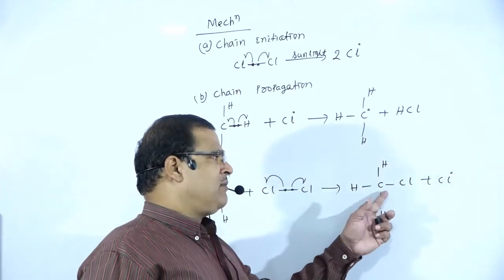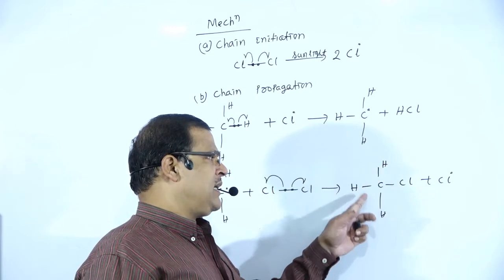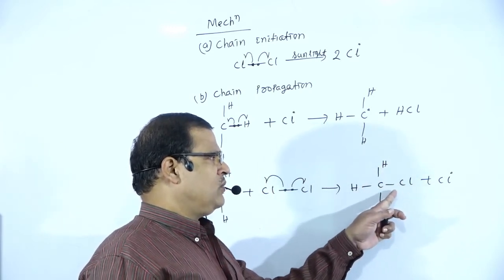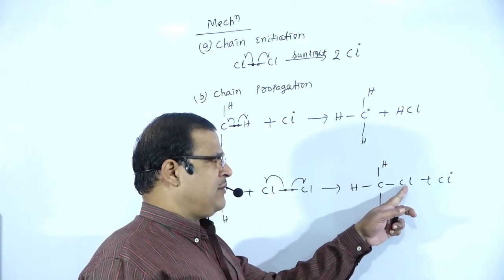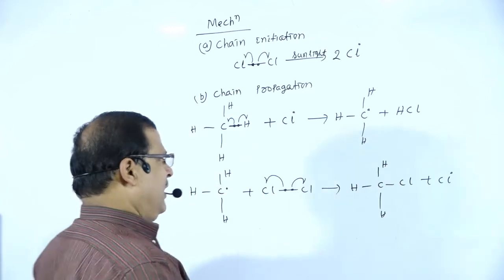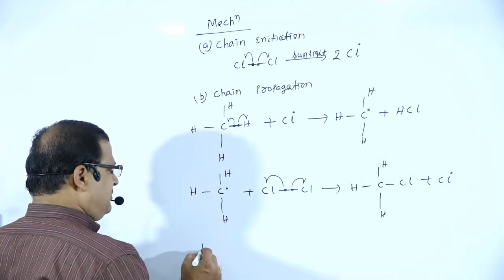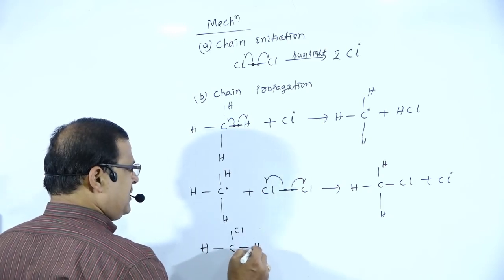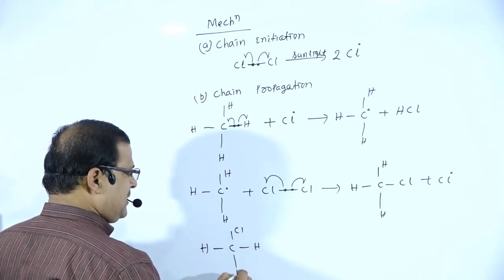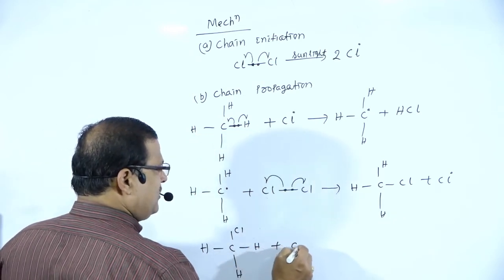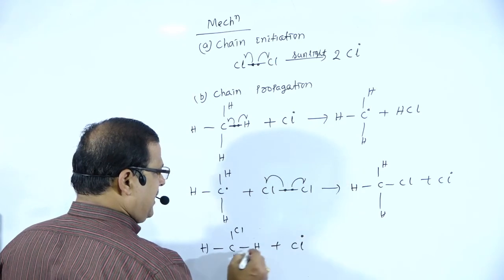One hydrogen atom of CH4 is replaced by chlorine. So one of the hydrogen atoms is replaced by chlorine, and there is the formation of CH3Cl. Again, CH3Cl combines with Cl dot, the free radical.